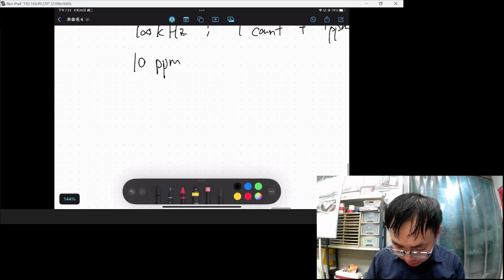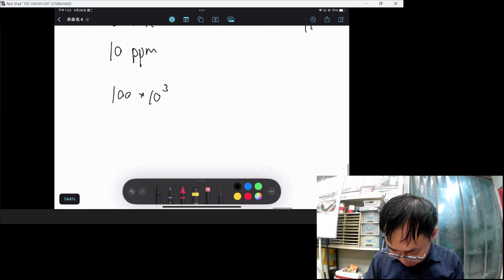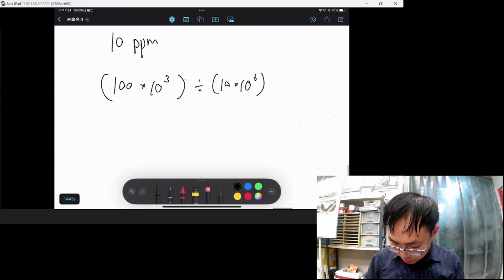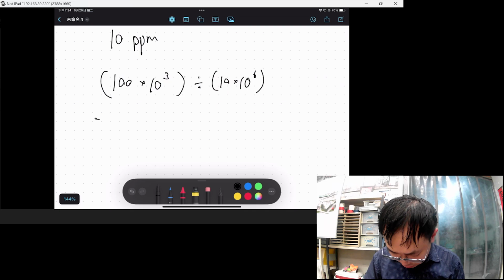How to calculate it? Okay, so you can do the calculation.